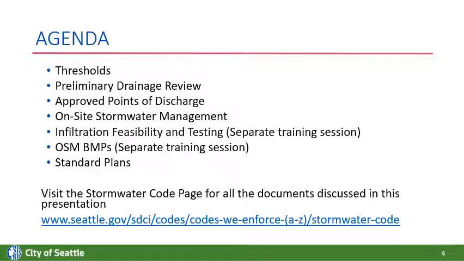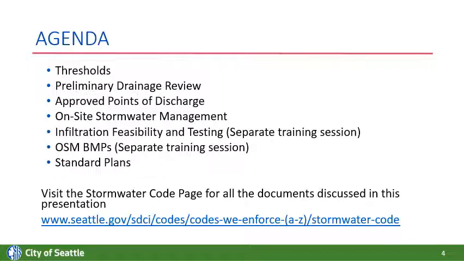On-site stormwater management. What is it? When is it required? Infiltration, feasibility, and testing. OSM, or on-site stormwater management, BMPs, or best management practices overview. We'll get into some of the specifics of the different BMPs that you can use for on-site stormwater management.